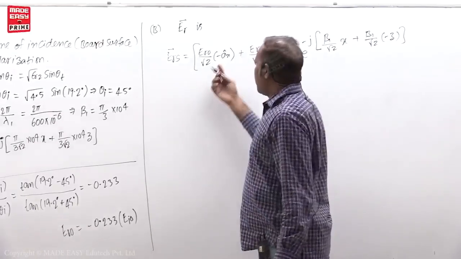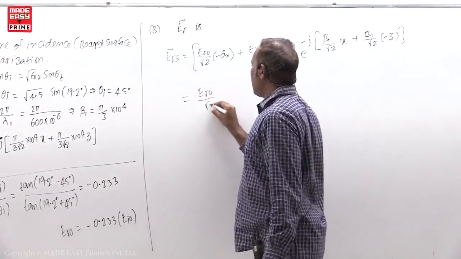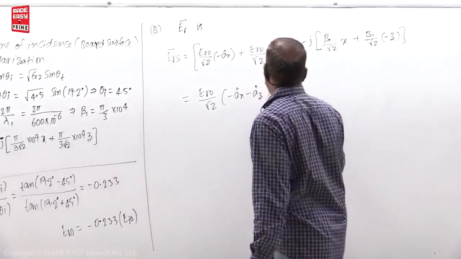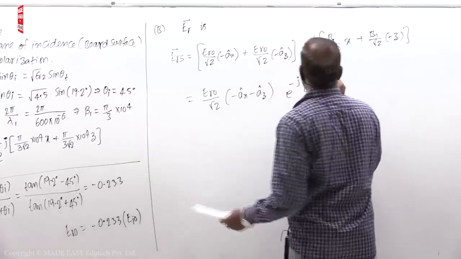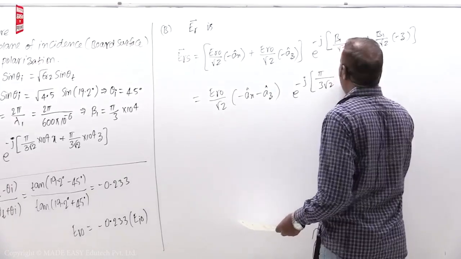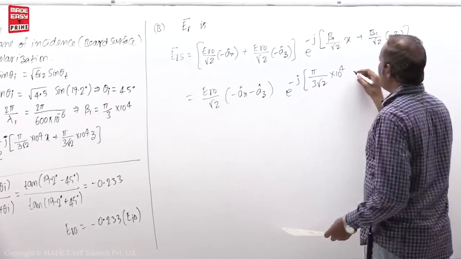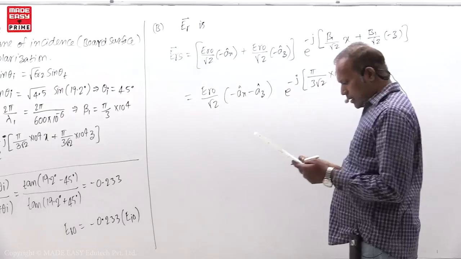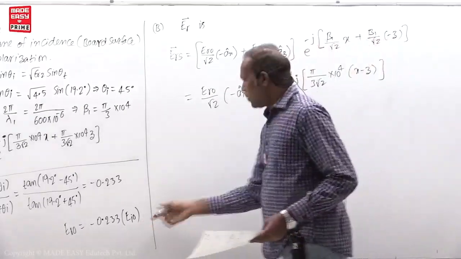So ER0 is, that means ER0 divided by root 2, that is minus AX minus AZ, then e power minus j. Here beta 1 is pi by 3, root 2 also is there, 10 to the power 4 common in both of them, so that is x minus z. And here in the answers, if you see, he has written ER0 in terms of EI0. You can substitute this one.